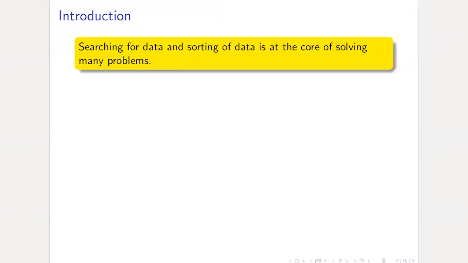The activity that we engage in computing is essentially to solve various problems. Searching for data and sorting of data are two of the key activities that we engage in when solving problems.